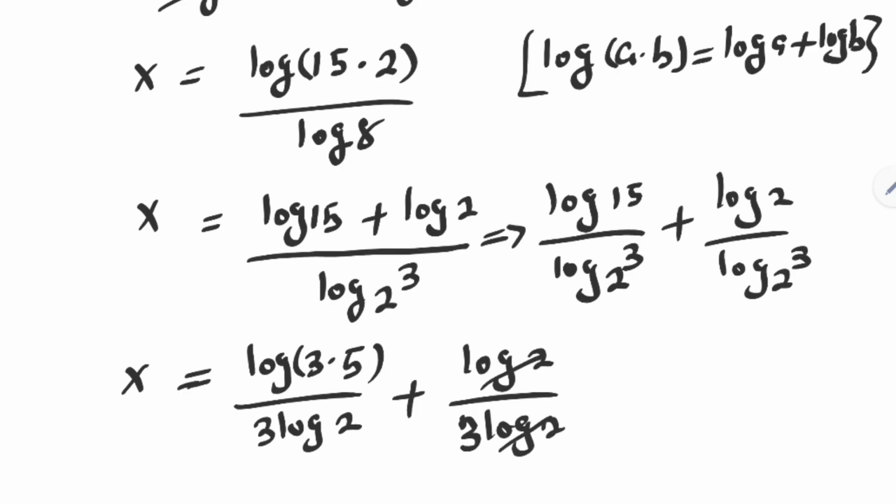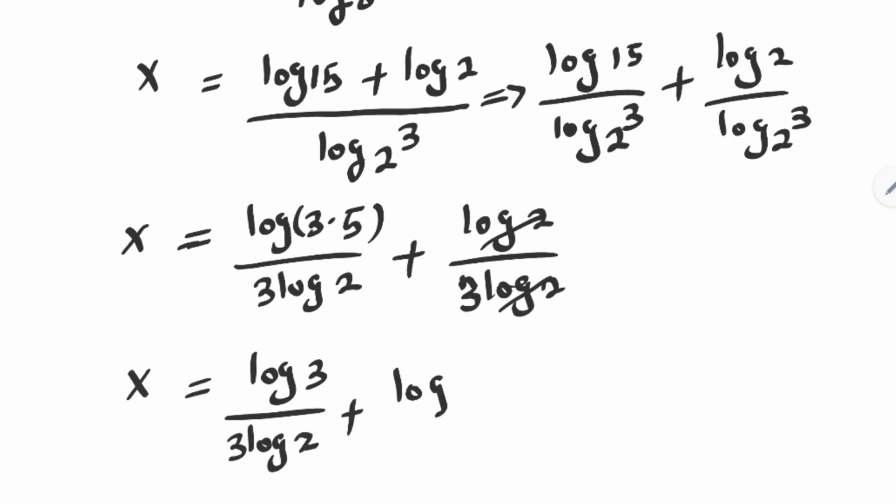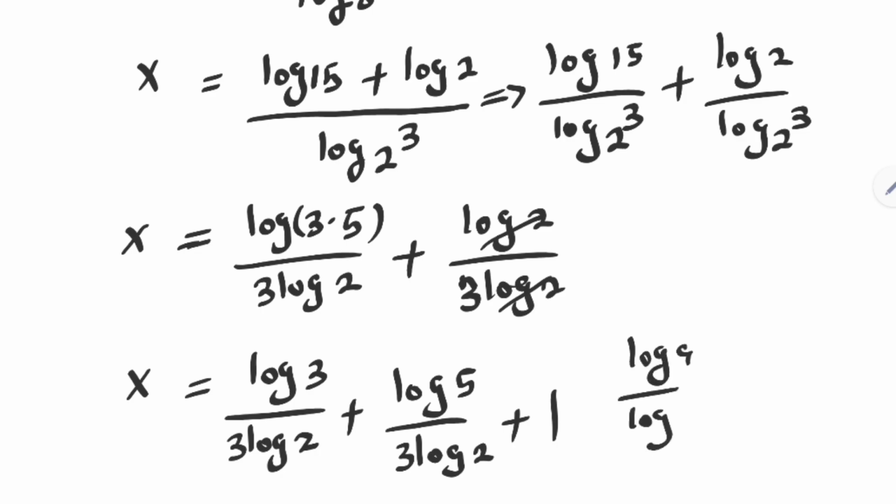This log 2 cancels this log 2. x is equal to log 3 over 3 log 2 plus log 5 over 3 log 2 plus 1. If you have log a over log b, this is equal to log a base b.